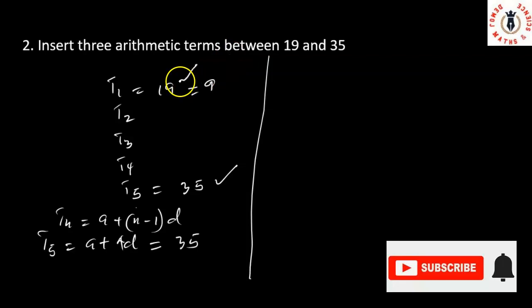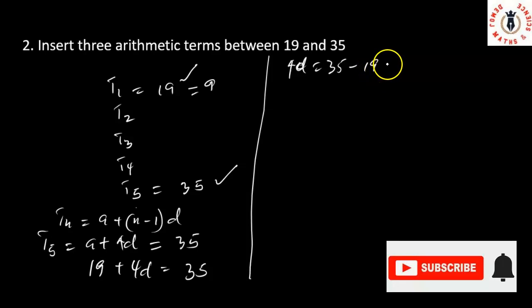Remember, a is equal to 19, so 19 plus 4d is equal to 35. So that 4d will be equal to 35 minus 19, which is 16. So if 4d is equal to 16, obviously d, which is the common difference, will be equal to 16 divided by 4, which is 4.